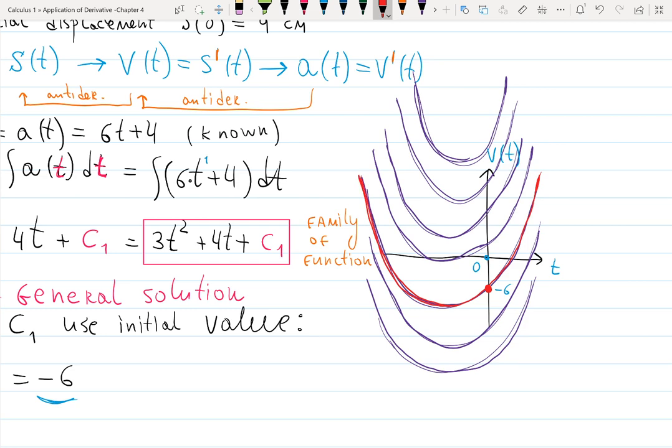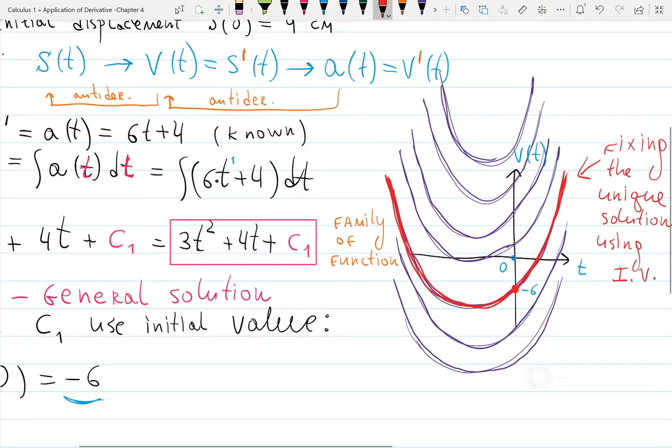I can identify this unique answer from the whole family of functions. That's the trick. So basically we are fixing the unique solution using IV, initial value. Make sense?